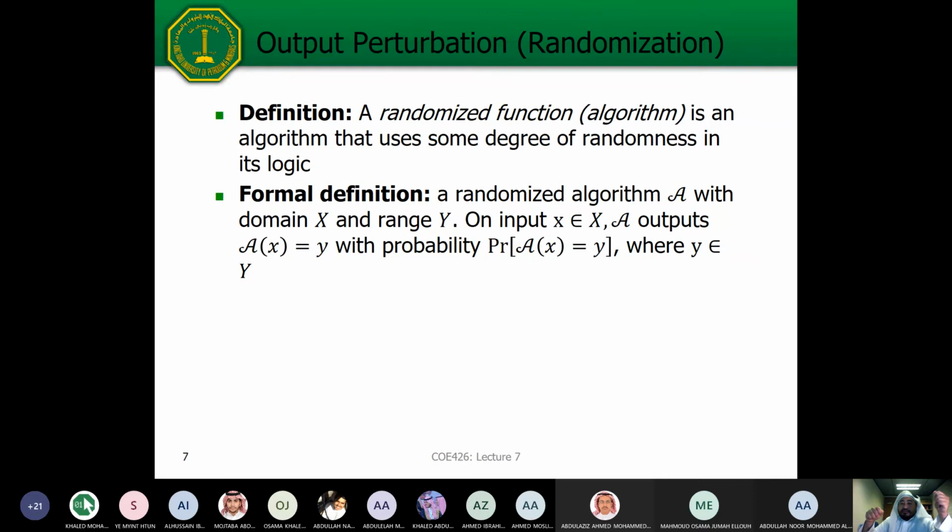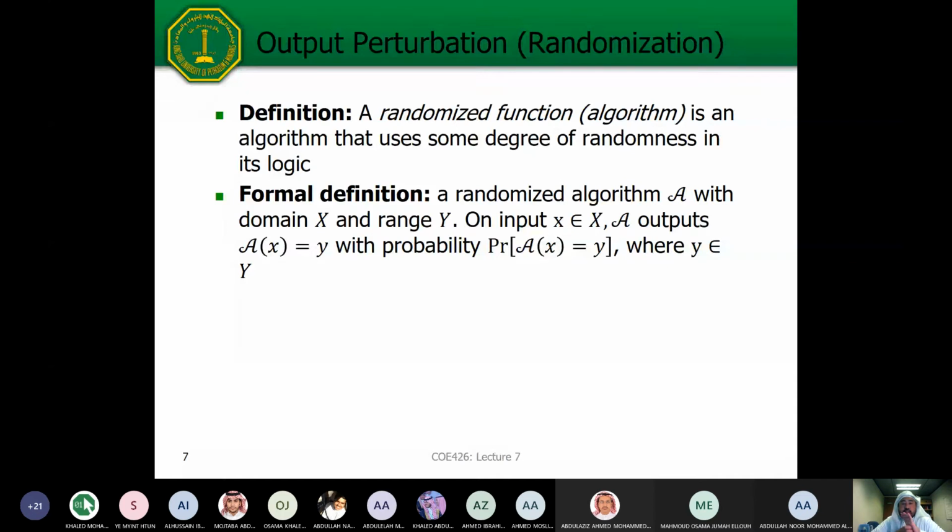If it is minus 1, what is the output? What is minus 1 squared? 1. In other words, the range of x squared is what? Positive numbers. Right? So this is the difference between domain and range.